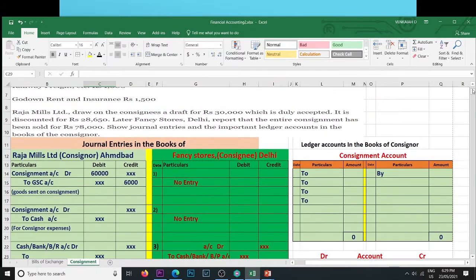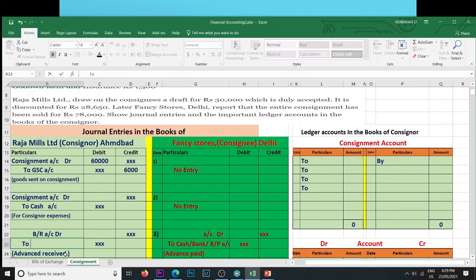We'll see in the problem. Raja Mills Limited draws on the consignee a draft for 30,000. That is an advance received. So bills receivable account debit to Fancy Stores Limited.